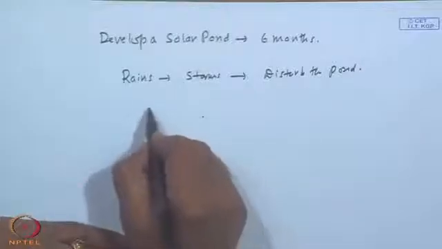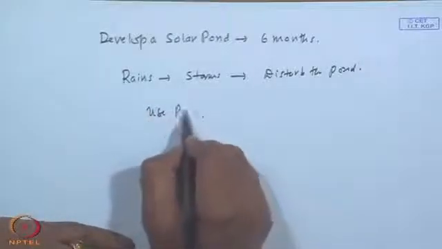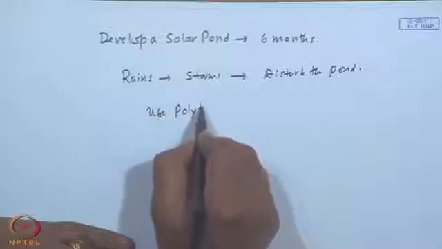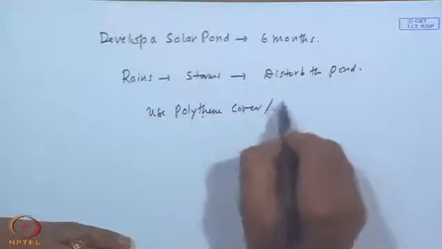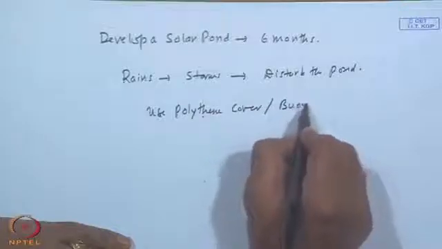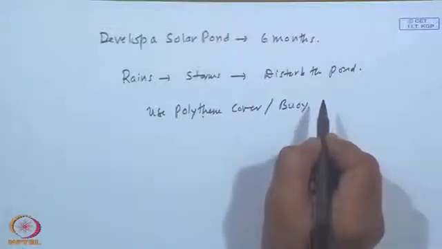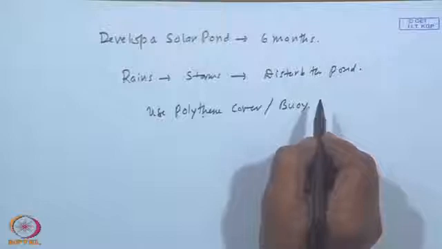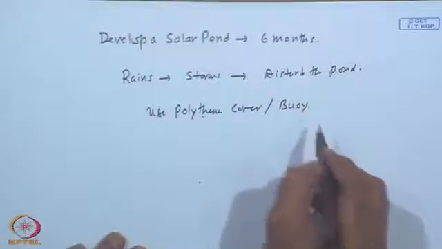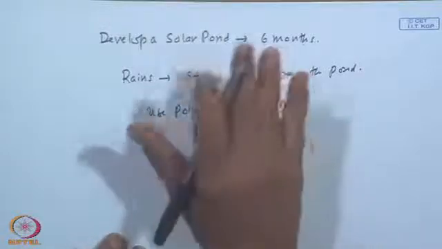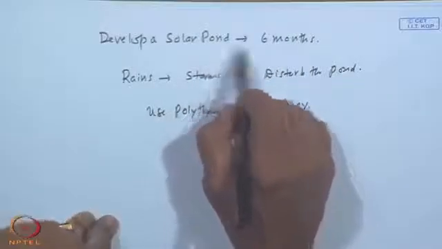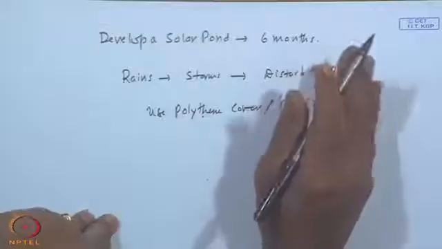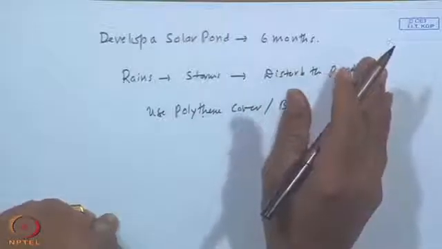You may use a polythene cover, or a buoy on top of the pond, so that these disturbances will minimize the developed solar pond, and it will not be too much stratification be discharged.